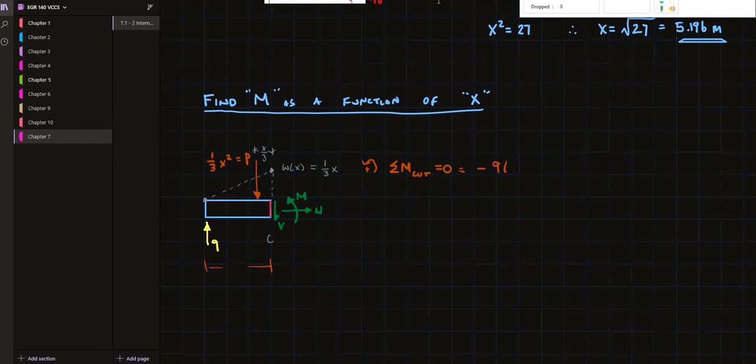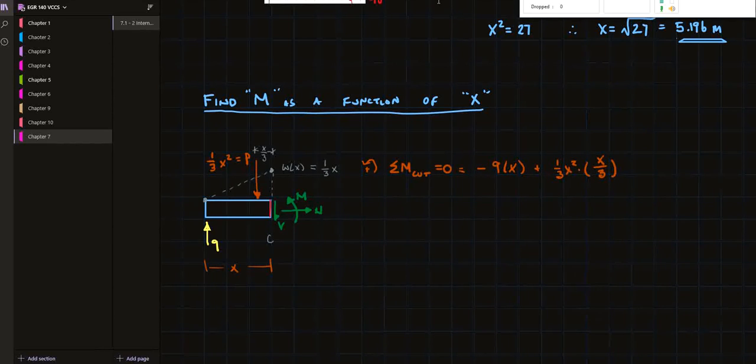Well, the distance to the cut here is x. 9 times x. And then we have plus p, which is 1/3 x squared. Oops, we don't want to put that in parentheses, do we? Stick with our convention of the moment arm in parentheses times x over 3.